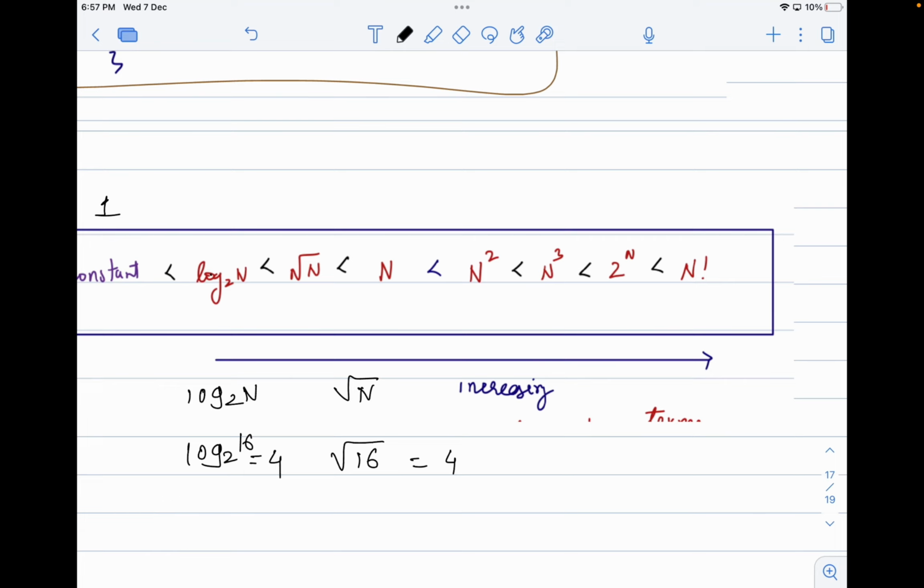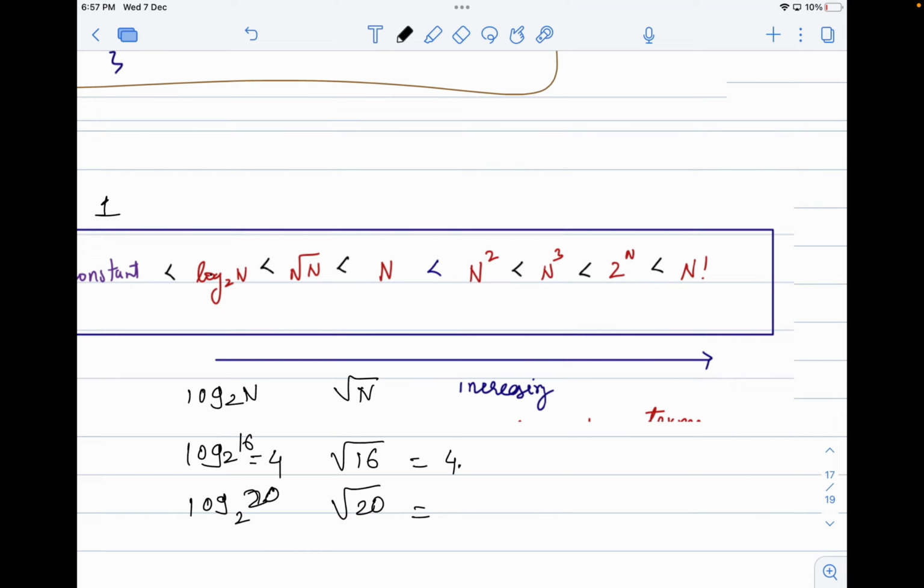It is equal, but that has not proved that it is not greater. So let's prove again. Suppose I take log base 2 of, let's say, 20, and here let's put square root of 20.